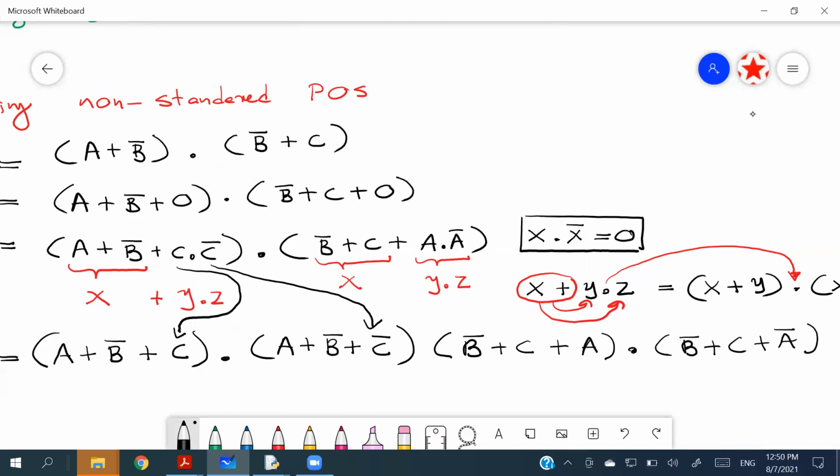So here we got a POS, and do we have any identical ones? We have, right? This one and this one. Here we should have a dot again.